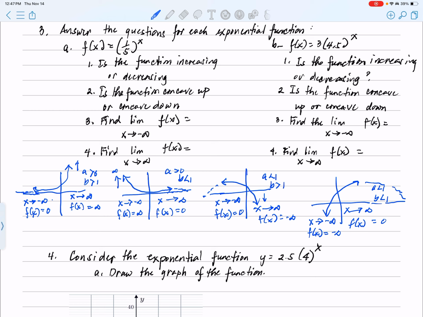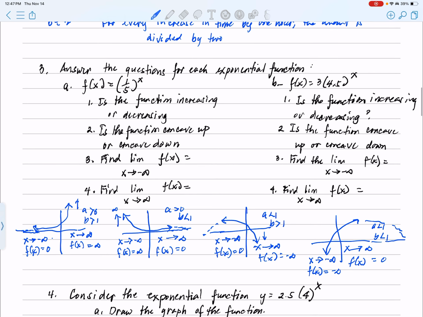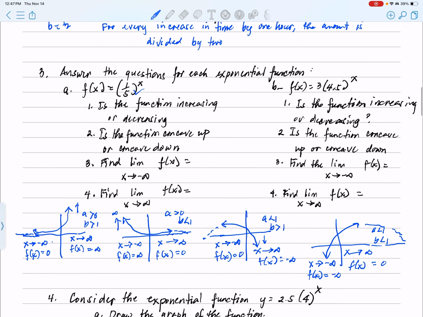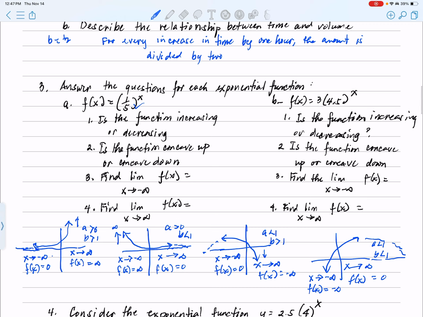That is the case. So in letter A, we have 1/5 for the b. So the b here is less than 1. So what would our graph look like? It looks like that, because b is less than 1. Is the function increasing or decreasing? The function is decreasing.